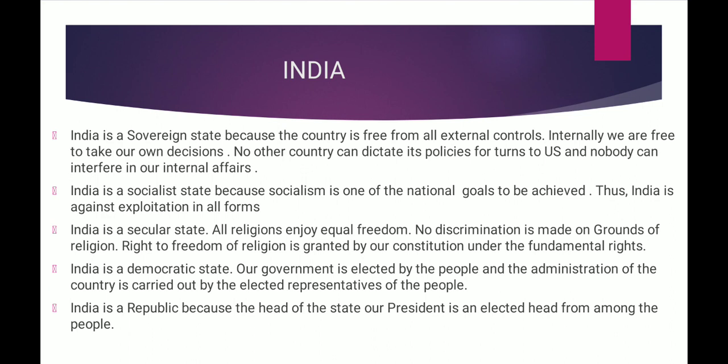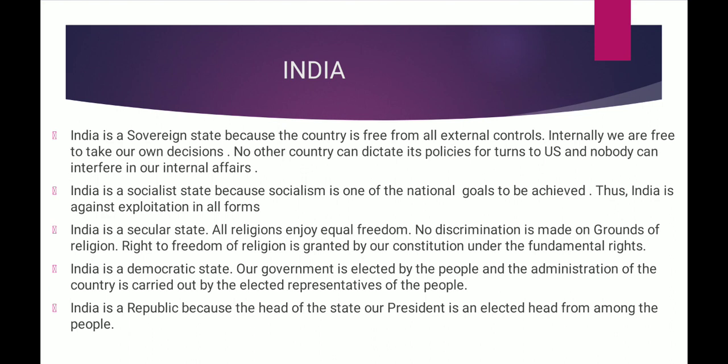There is no discrimination on the ground of religion. It means each and every person of a different religion gets equal status. Right to freedom of religion is granted by our Constitution under the fundamental rights, to each and every citizen.